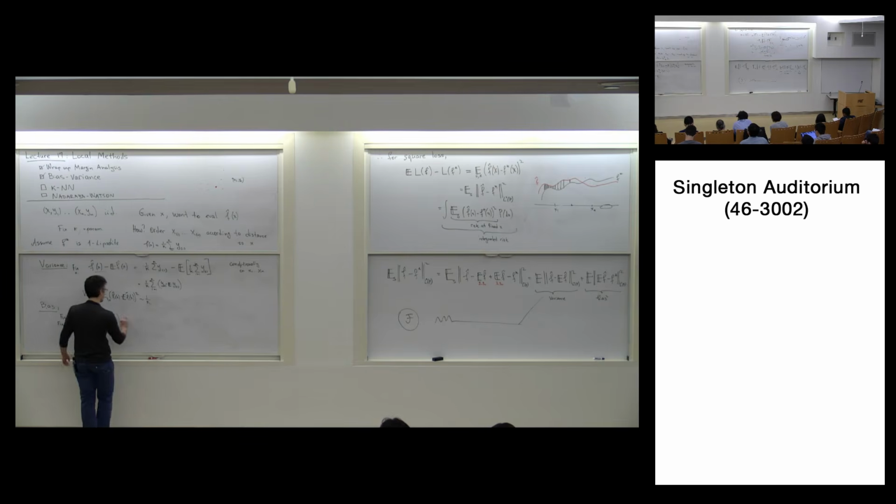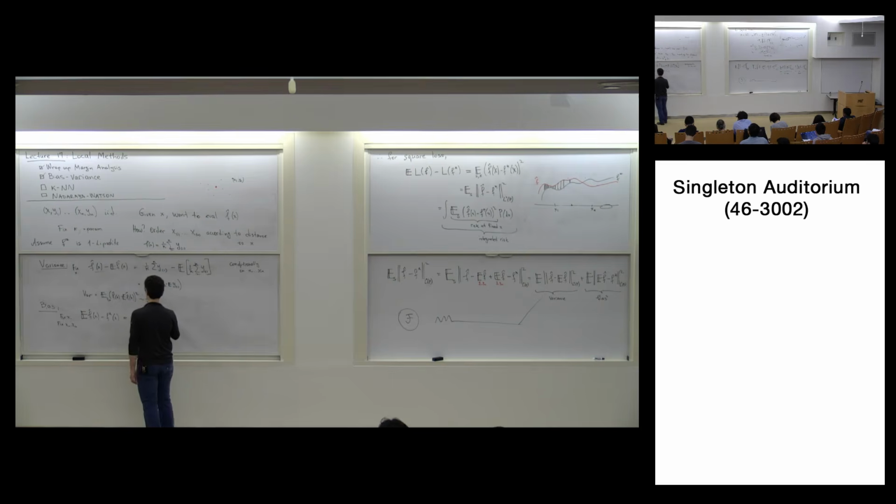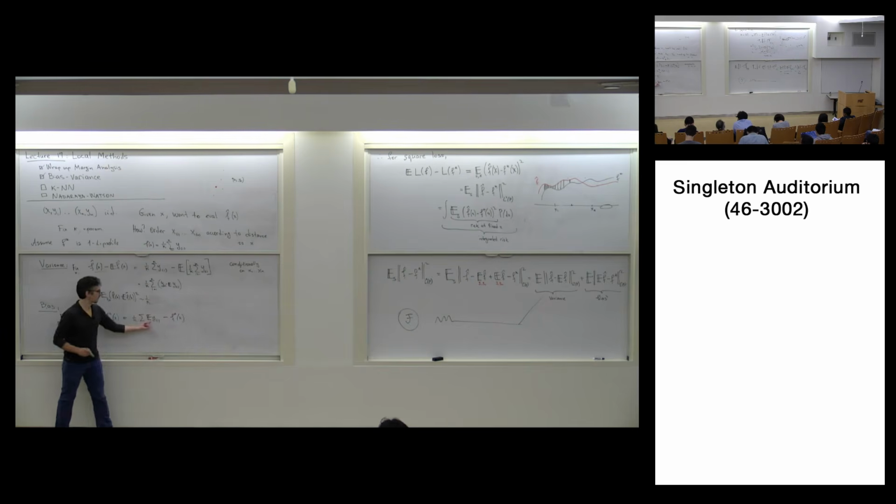So we get 1 over k sum of expected yi, minus f star of x. Now, what is the expectation of yi? F star of xi, right?